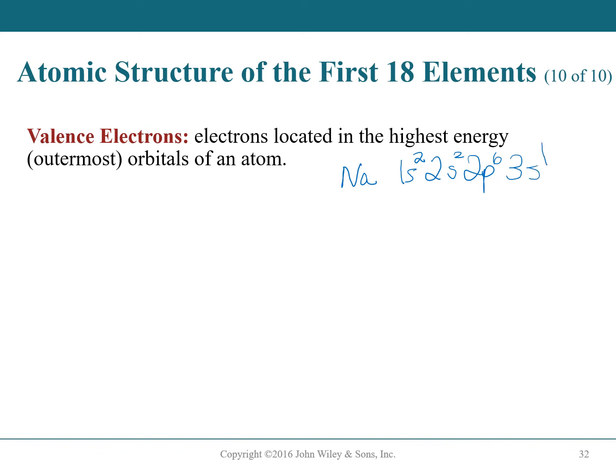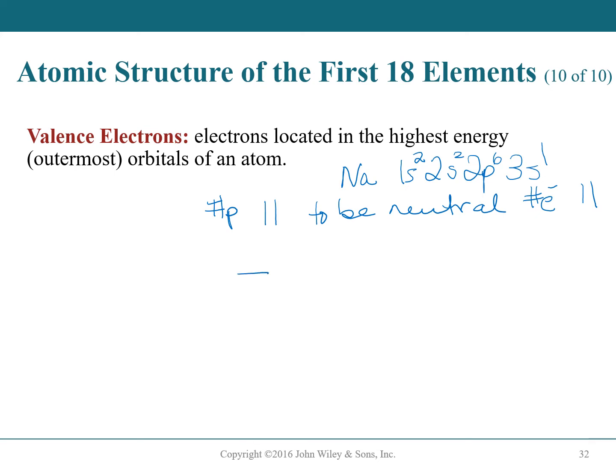Well, when you look at sodium, how many electrons does it have? If we look at the number of protons, it has 11 protons. So to be neutral, it has to have 11 electrons. And then it's in row 3.